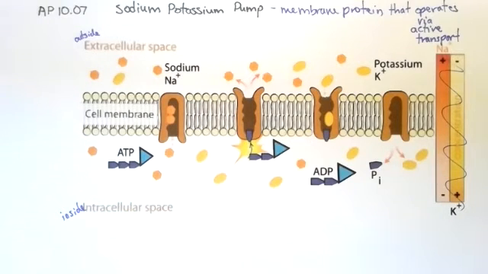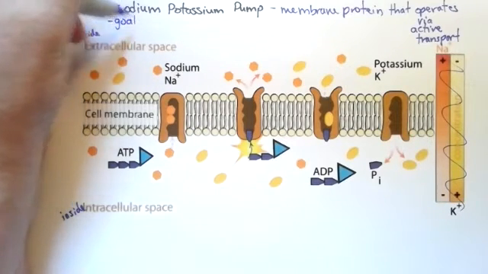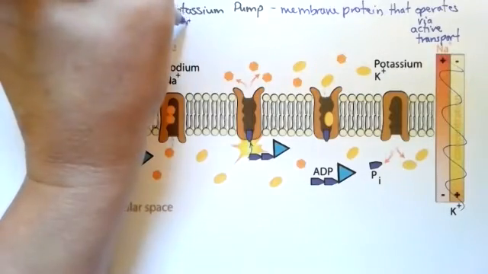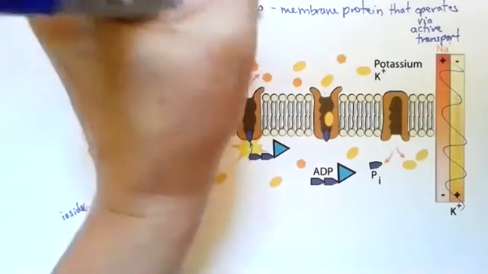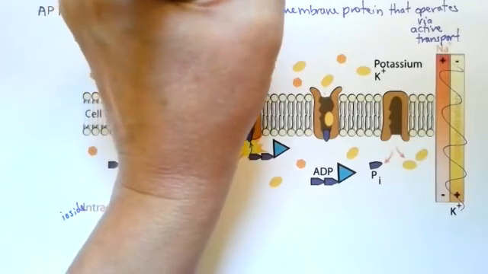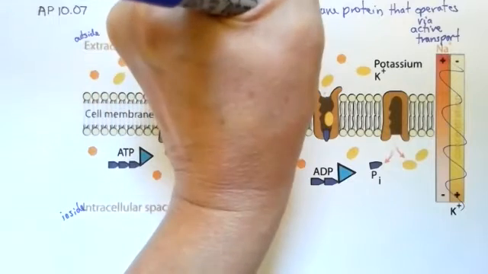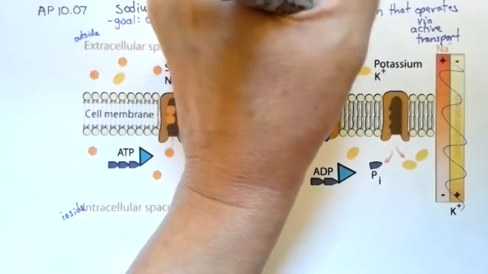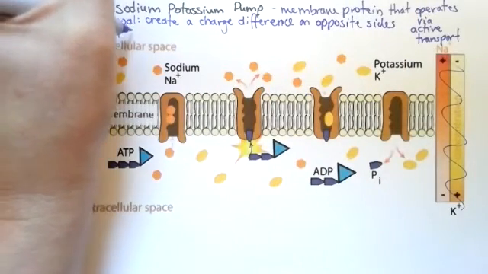So what happens is, using this active transport, the whole goal of this protein is to create a charge difference on the opposite sides of the membrane of the cell membrane.